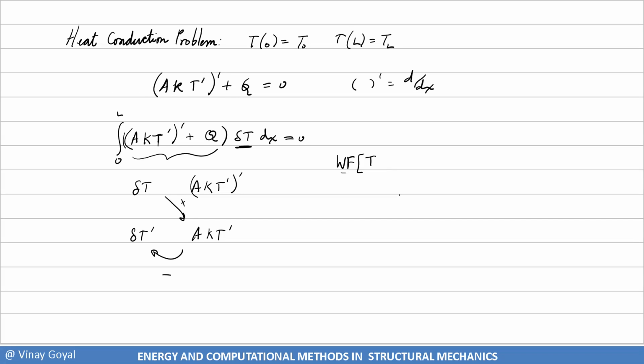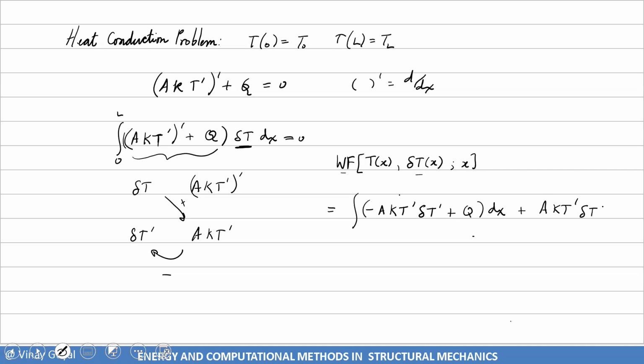So the weak form depends on x. Let me just make it clear what it depends on so that you know exactly how this works. This depends on the first variation of T, and that's going to be equal to the minus akt' del t' plus q dx, and I have the boundary term. I'll just write it all in once instead of separating that.